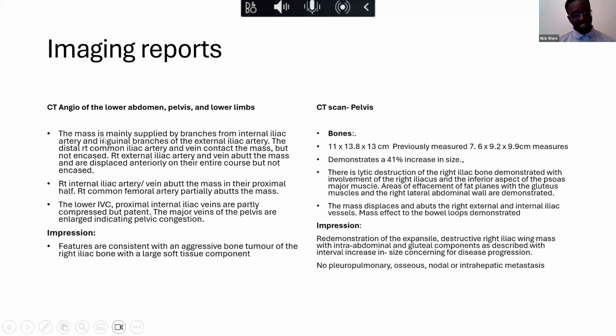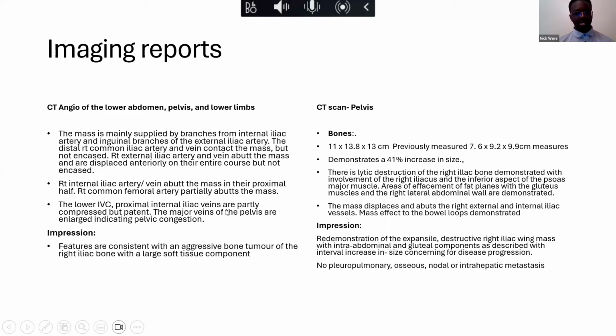Just looking at the images, the reports, this was of the angio, stating that the iliac and inguinal branches of the external iliac are patent. The distal right common iliac artery and vein were contacting the mass but not encased. The right external iliac artery and vein abutted the mass and were displaced anteriorly on the entire course but not encased.